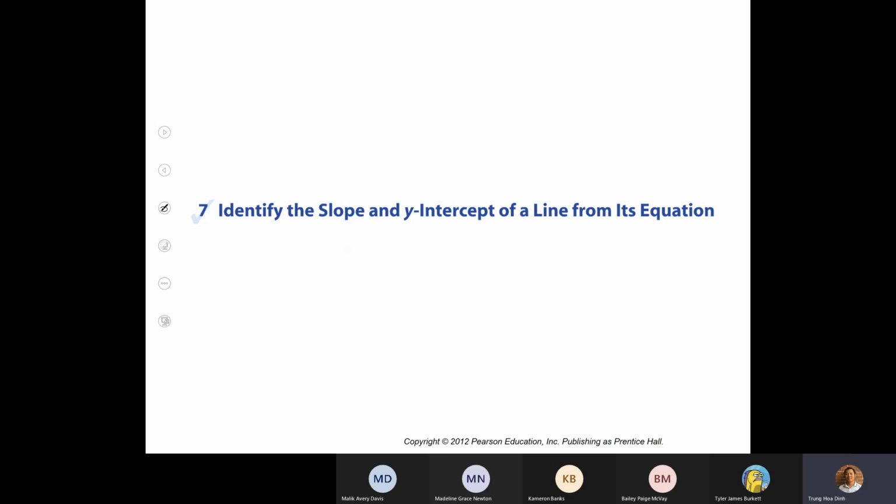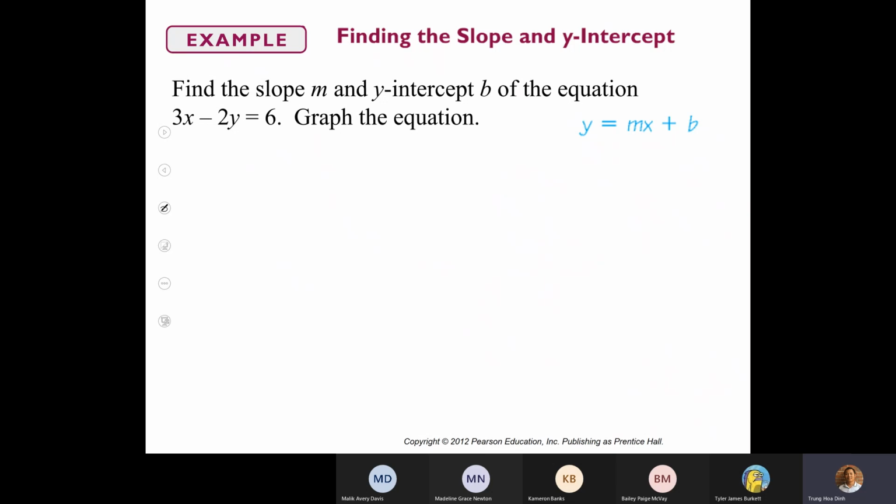Now let's move to this section. Identify the slope and y-intercept of a line from each equation. So when you see a very general form of the equation, sometimes we can write the equation in the form of slope and y-intercept, and sometimes we might see the following one.